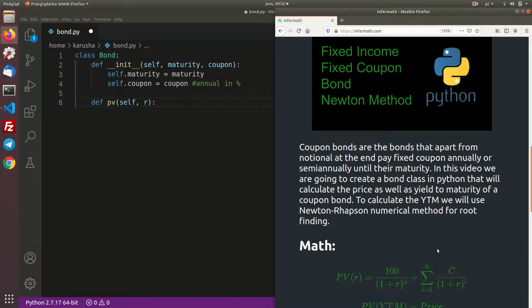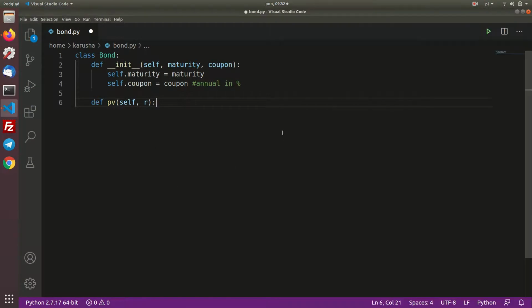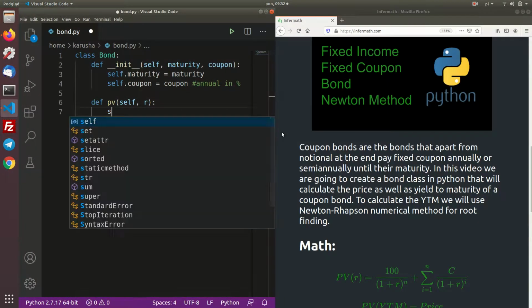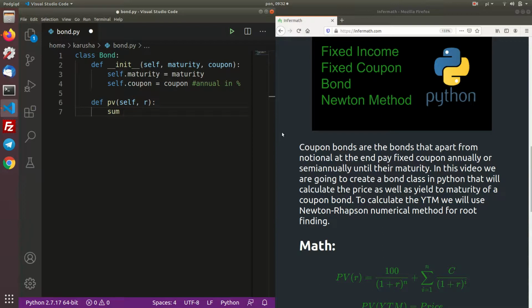We have it here. Let's define sum variable in which we will sum up all the cash flows. And let us first use the notional cash flow. So this is 100. And here we need the power, because we need to have a discount factor to the power of n.